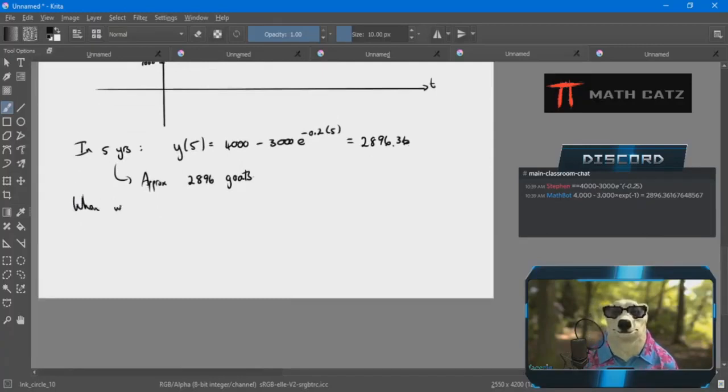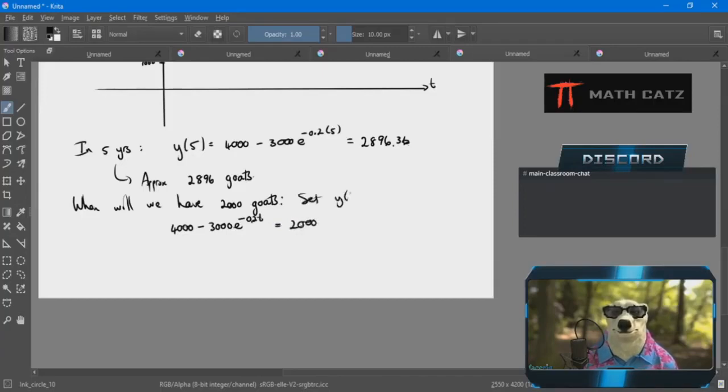When will we have, let's say, 2,000 goats? Then I want to solve for my time value when the y value target is 2,000. So I simply set y of t equal to 2,000. So that means e to the negative 0.2 t.